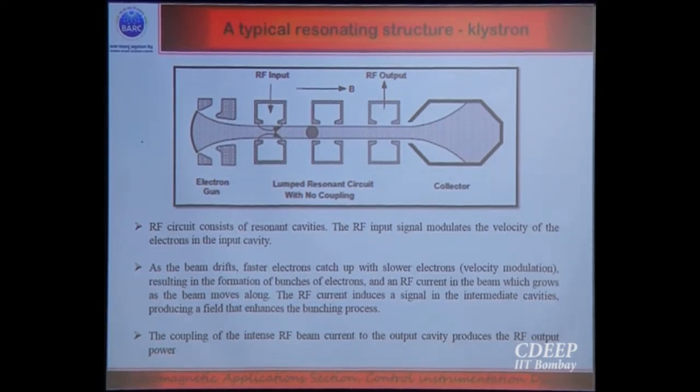In an accelerator, we transfer the stored energy of the cavity to the beam, so that the beam takes energy and hits a high Z target. In the klystron, it's just the opposite. The beam gives power. It modulates and demodulates and gives power to the RF cavity. We derive the RF power through beam transmission.